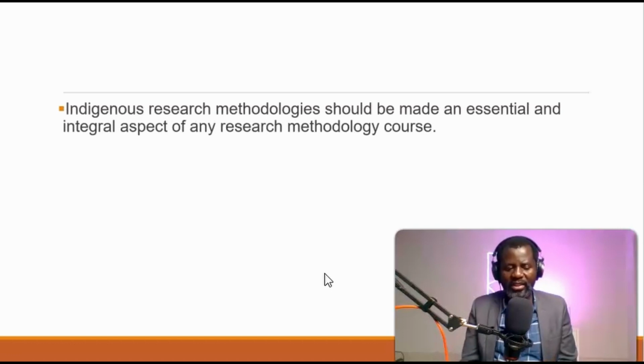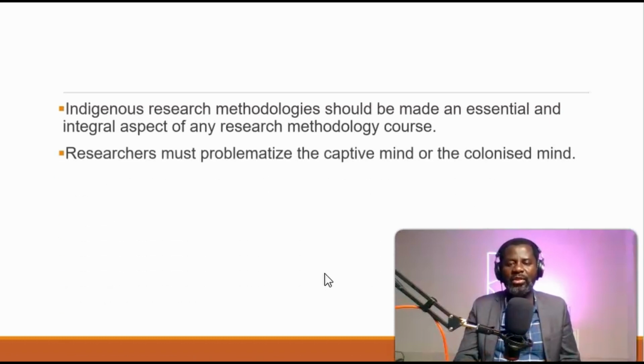Remember, we said that educational institutions, including schools and universities, have perpetuated the captivity of the mind, have perpetuated the dependence on Western ways of knowledge production and knowledge dissemination. So if we can start teaching indigenous research methodologies in schools, in universities, and in research methodology courses, this will help transform would-be researchers to start thinking about indigenous research methodologies.